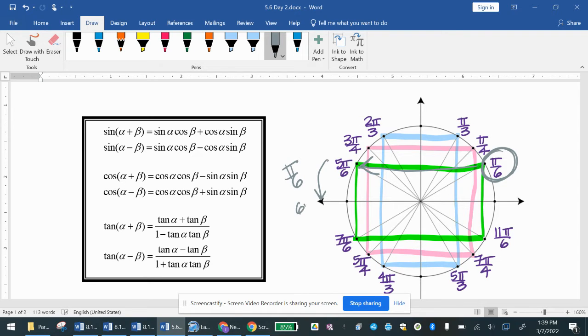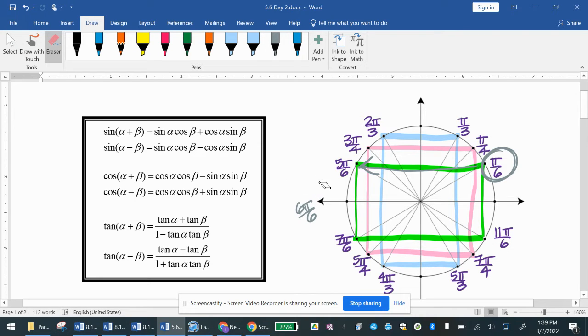So the x-axis is 6 pi over 6. If you use subtraction, 6 pi over 6 minus 1 pi over 6 will give you 5 pi over 6. 6 pi over 6 plus 1 pi over 6 would give you 7 pi over 6. So it's not like you have to memorize these. You can figure them out by using your subtraction rule to the x-axis.